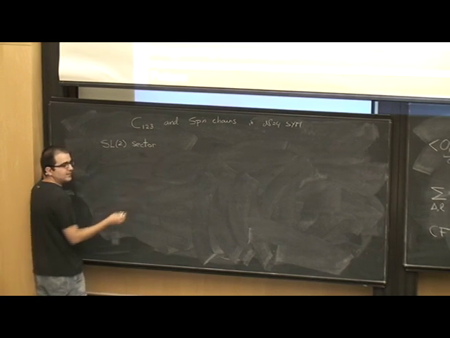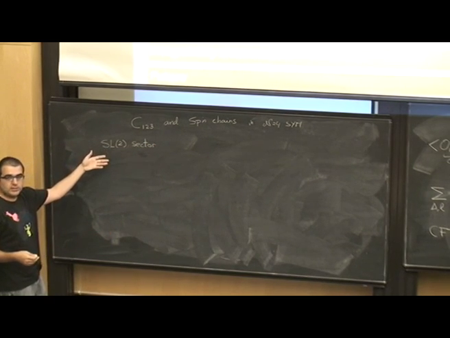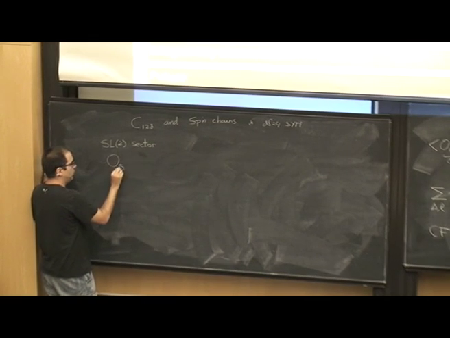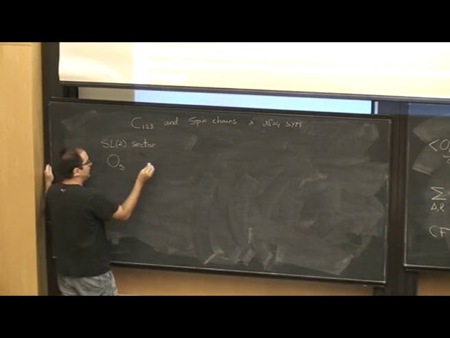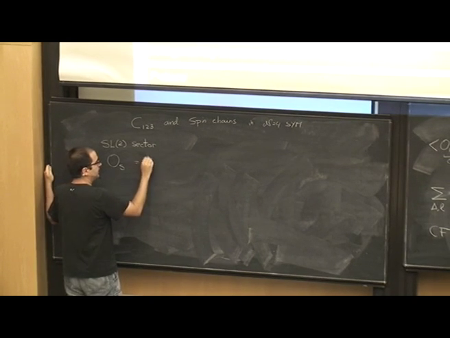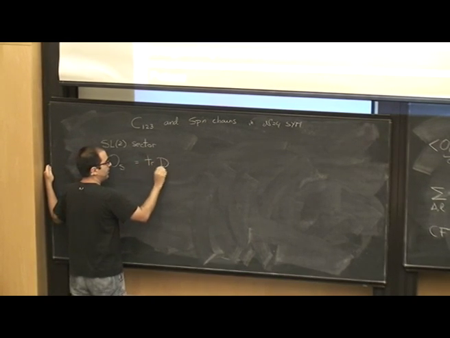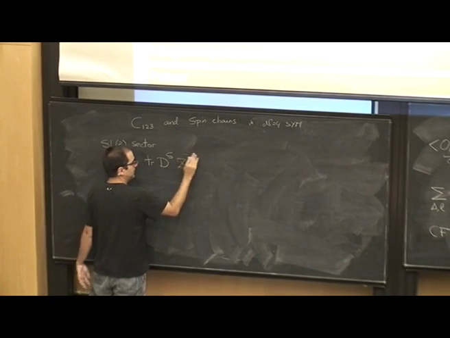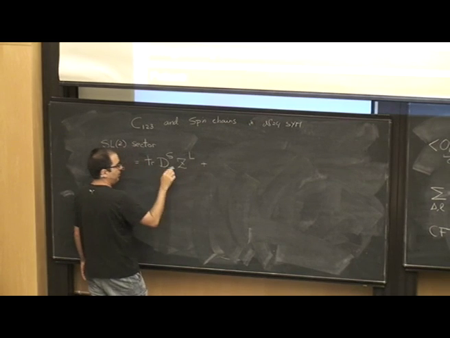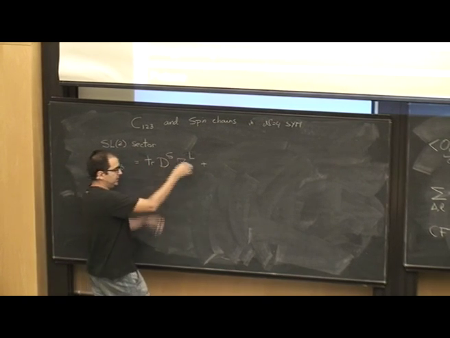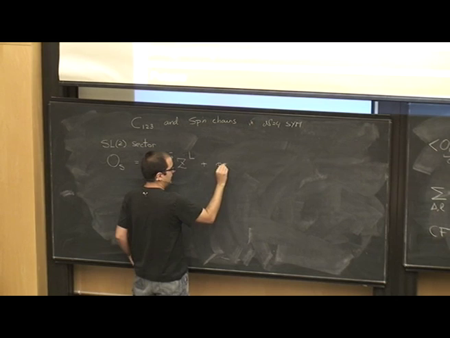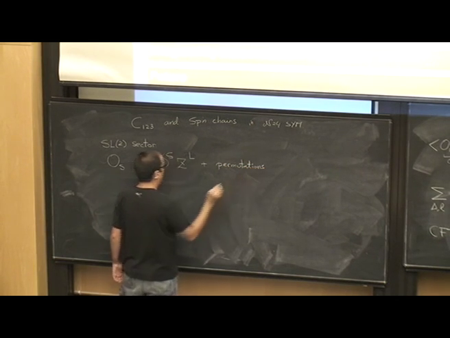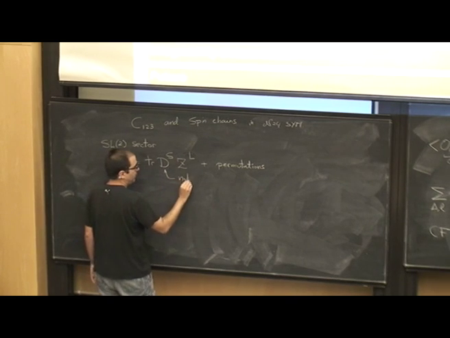That Collier probably discussed at length, the spectrum of this kind of operators, right? How to compute the spectrum of operators that have some spin S. And these operators are basically the trace of some number of derivatives, D to the S, of some number of scalars, Z to the L, and then all possible arrangements of where to put these derivatives and these fields. So let's say plus permutations, where this D is some null covariant derivative.